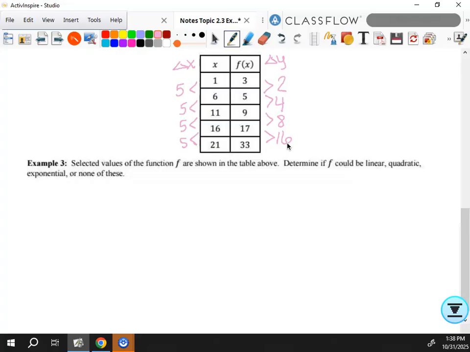Okay. So right there, is it linear? No, because those numbers are not the same. Now, if I was to do my second differences and they were the same, that would mean quadratic. Well, if I do 4 minus 2 and 8 minus 4, are those going to be the same thing? No, it's not quadratic.